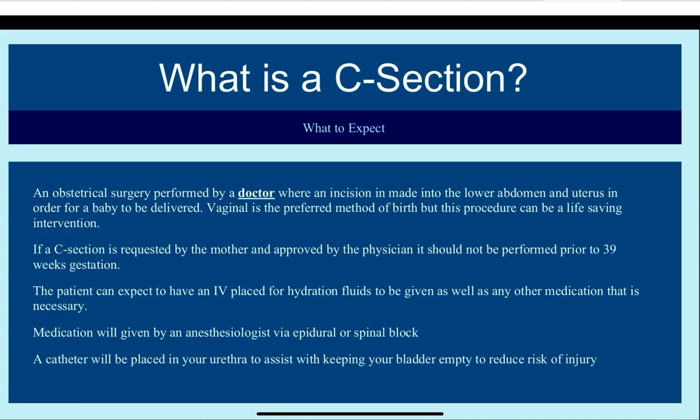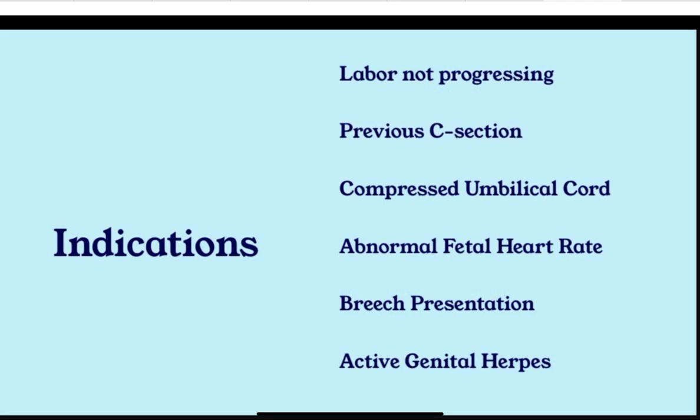So next slide just goes over some indications of why a person would need a C-section. So labor not progressing. This is when women just are not hitting the 10 centimeters. Remember, 10 centimeters is what is required to push the baby out. That's how much space the cervix has to open, okay?